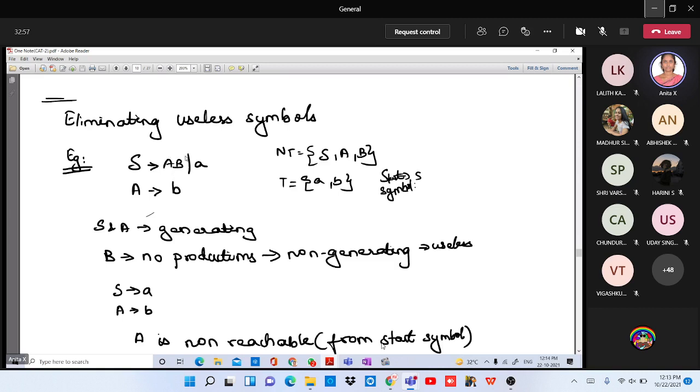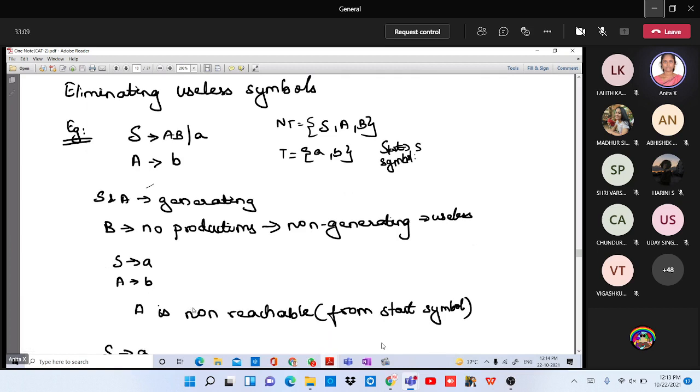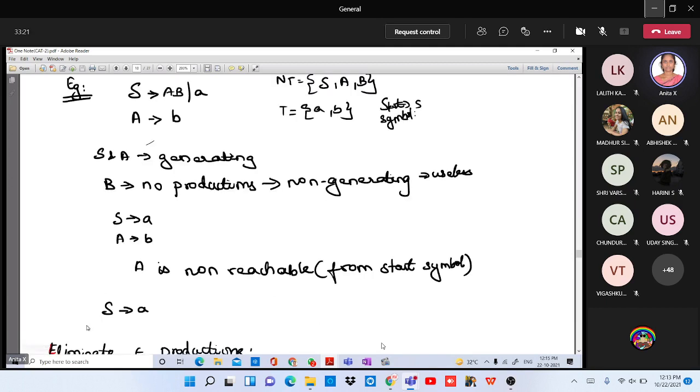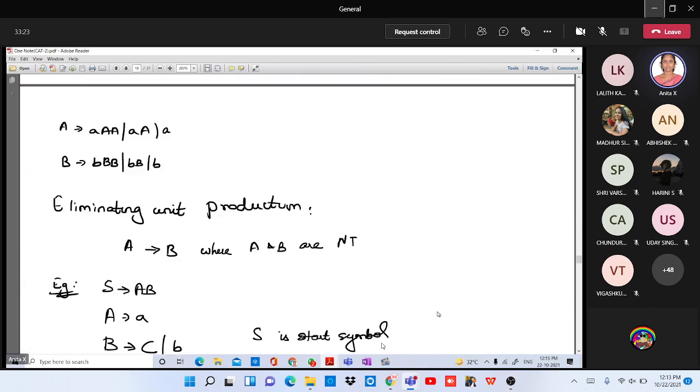This production has B, which is a non-generating symbol, so this can be removed. After removing, I'll have the productions S derives A and A derives B. Now I have to check for non-reachable symbols. From the start symbol, is A reachable? No, it is not reachable, so it is a non-reachable symbol. This can be removed. So finally, I'll have only this production.